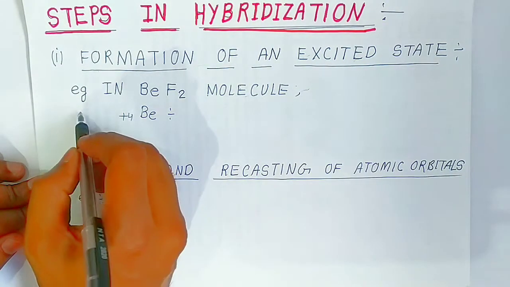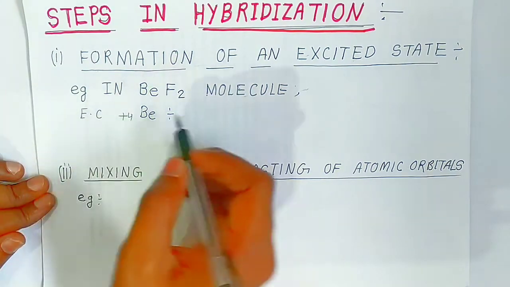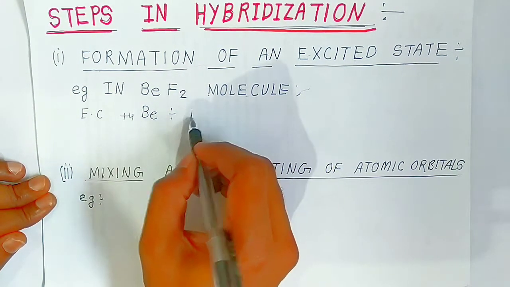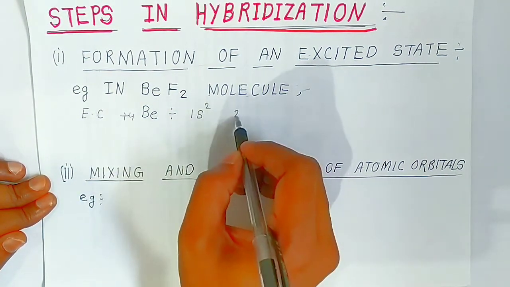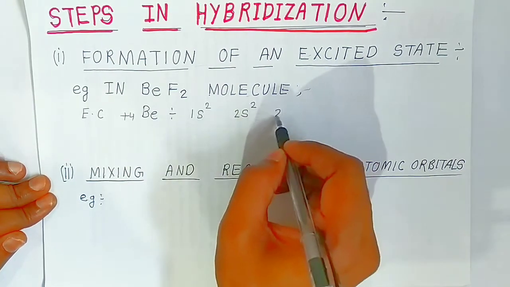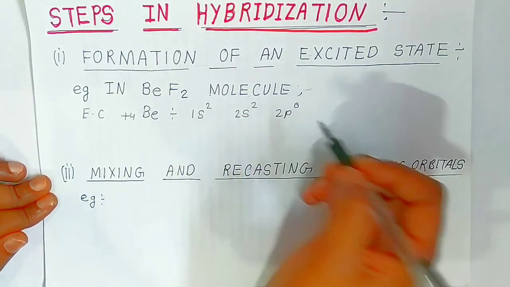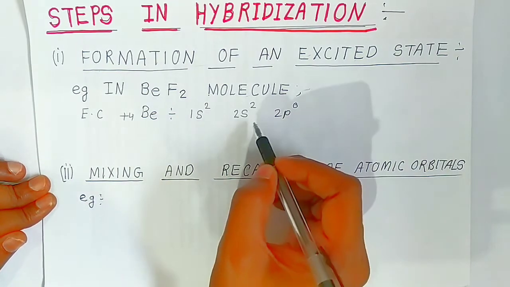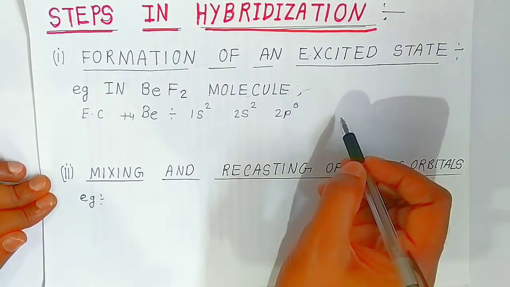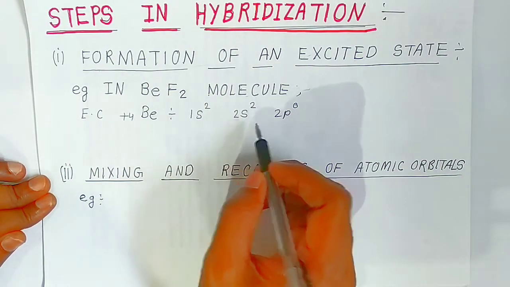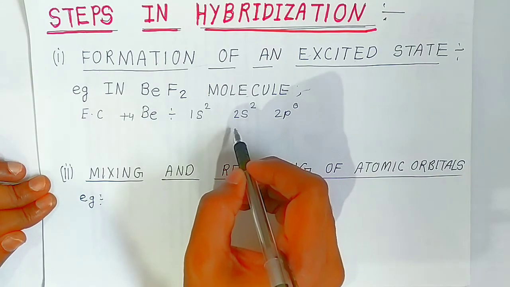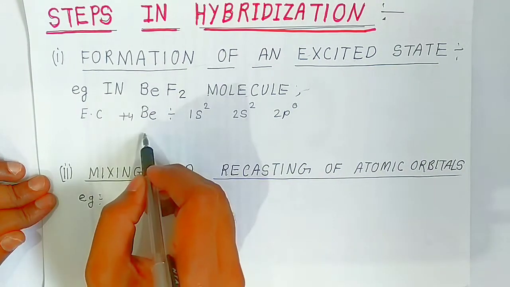So the electronic configuration of beryllium will be 1s2, 2s2, 2p0. In the p orbital there are no electrons. This is the orbital notation. Now if you want to draw the orbital diagram, you can show what happens in the excited state.